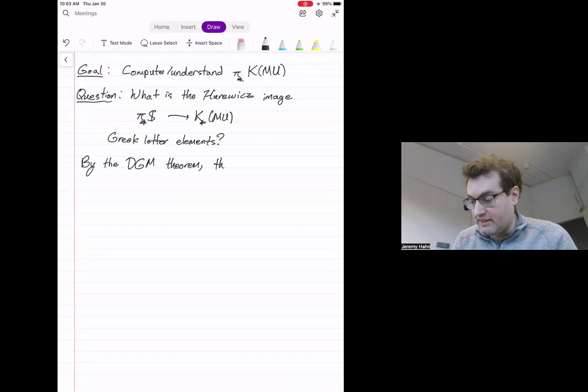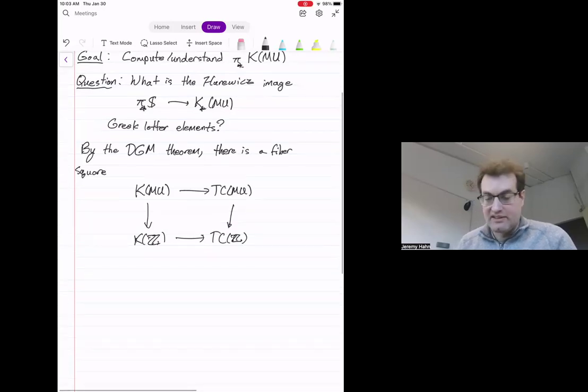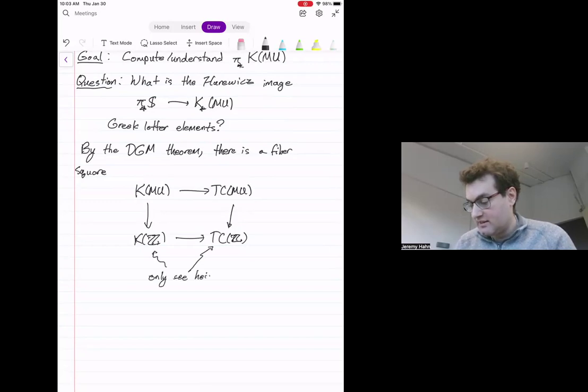There's a fiber square relating the K-theory of MU, the TC of MU, the K-theory of the integers, and TC of the integers. And the bottom row is very well studied. Lots of things are understood about it, not everything, but in particular, these only see height 1 information by redshift.